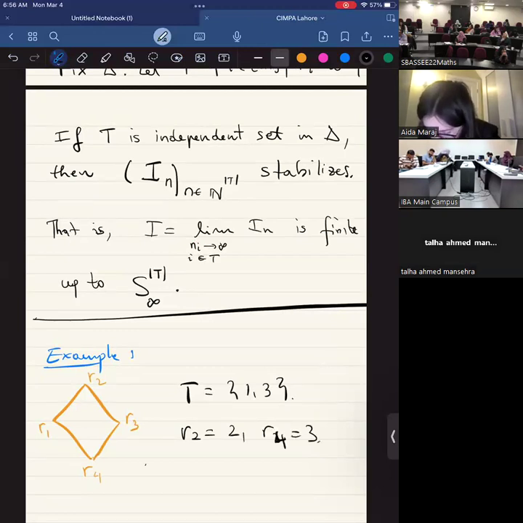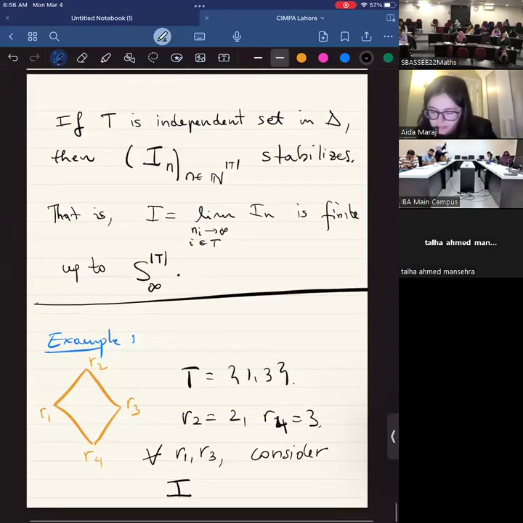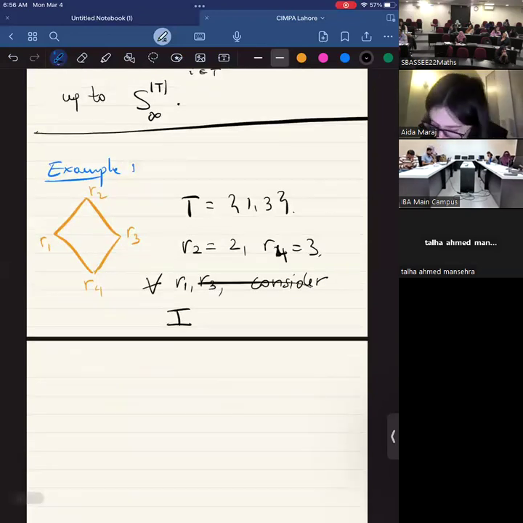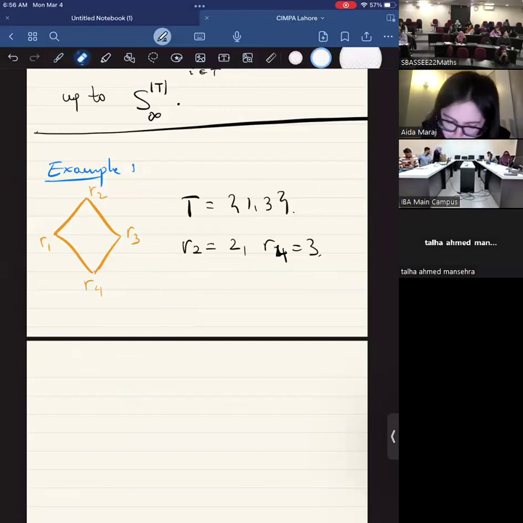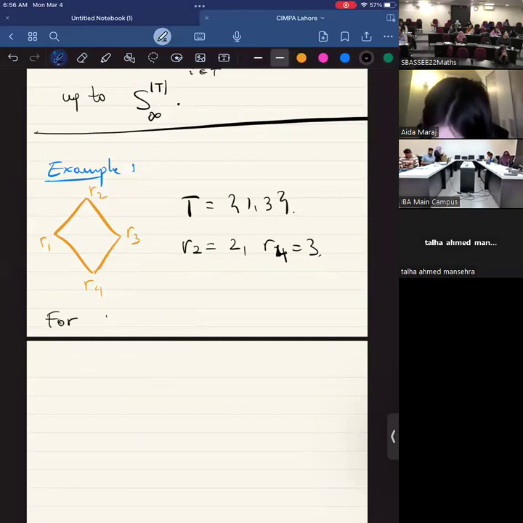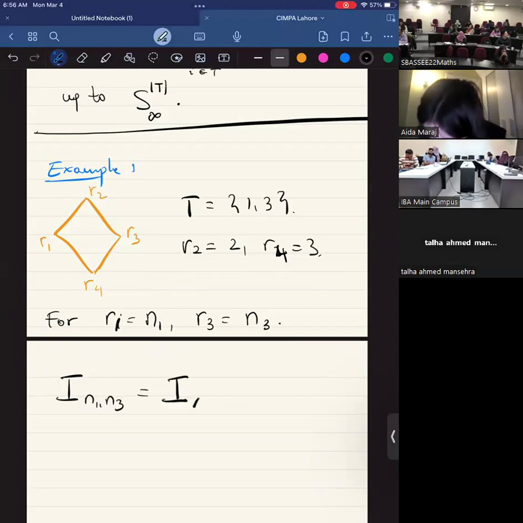For each R1, R3, consider the ideal I. So for R1 equal to some N1 and R3 equal to some N3, we take I of N1 and N3 to be just the ideal with this simplicial complex delta and with the vector (N1, 2, N3, 3).